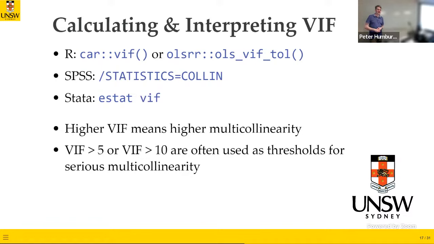If everything is fine, it should be 1, right? Because then that means that the R squared from the regression of that predictor against all the other ones was 0.